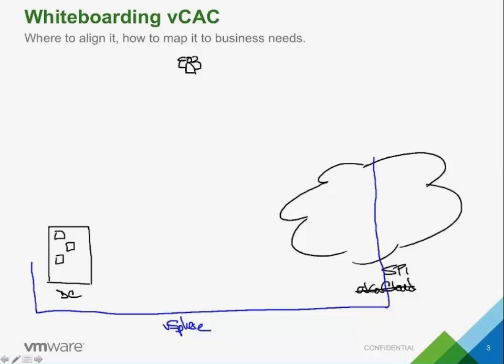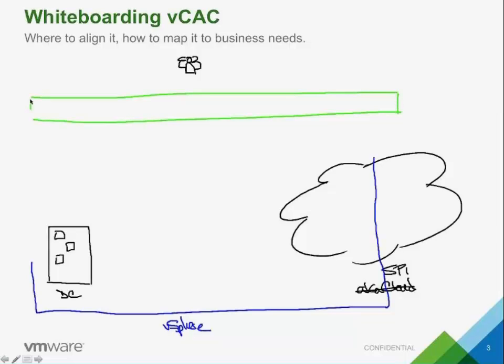So how do we position and align vCloud Automation Center inside of this? Well, vCloud Automation Center sits, if you will, atop all of these frameworks. So when we talk about vCloud Automation Center, we're really talking about a true automation engine in the purest sense of the word.